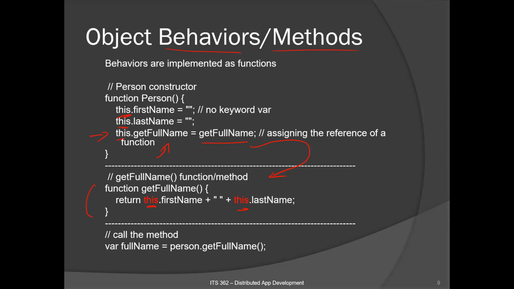If you want to call the method, we could assign it to some variable, and then we can call person get full name. Notice this is get full name, but here we use the parentheses. Okay, so keep that in mind. That might be something that might be a little confusing, but with practice, you'll figure it out. All right, so that's it.